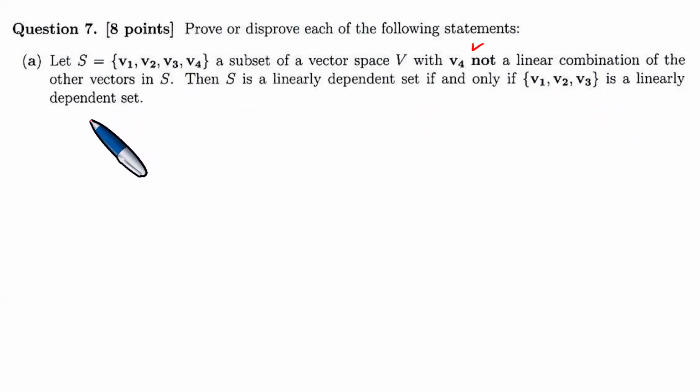So let us analyze the fact that S is a linearly dependent set. The four vectors are linearly dependent if and only if the three vectors themselves form a linearly dependent set.